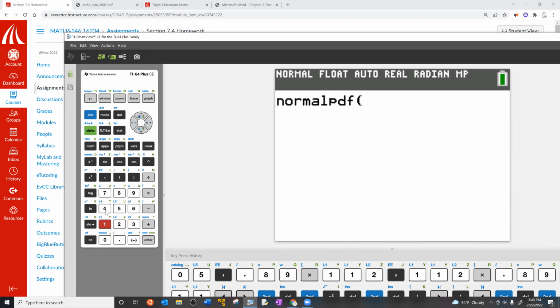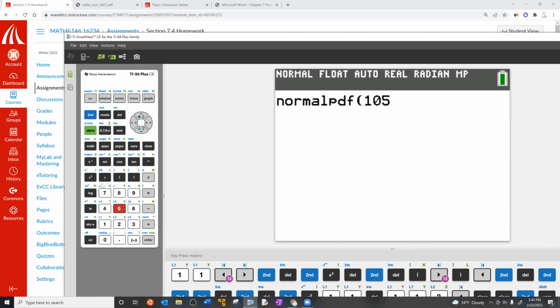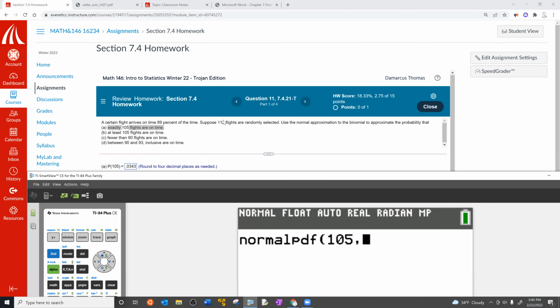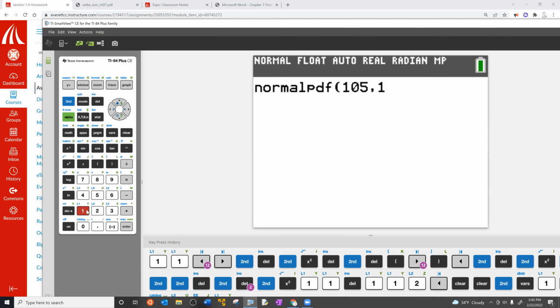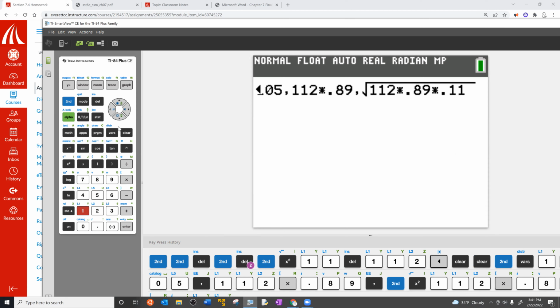We're gonna put in the exact amount, 105. Now we're gonna put in the mean. The mean that is used is the number of flights times the 0.89. So 112 times 0.89. And now we have to put in the standard deviation, which is the square root of 112 times 0.89 times 0.11.